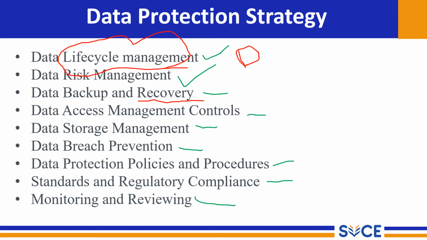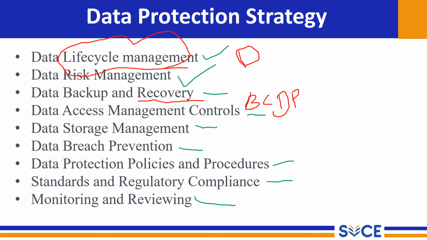All of these measures should also be included in a business continuity and disaster recovery initiative. I think you might have heard this acronym, BCDR, business continuity and disaster recovery. That is the full form of BCDR.